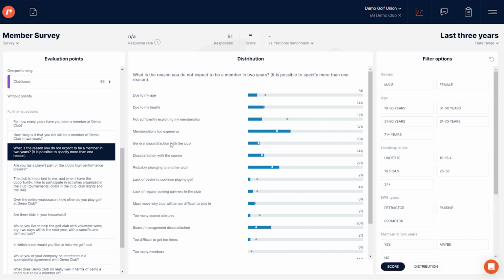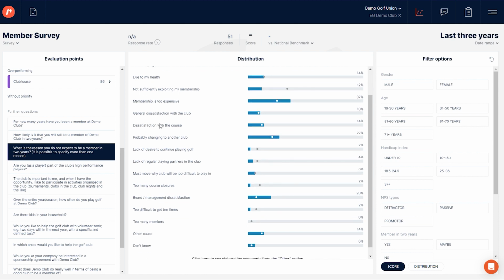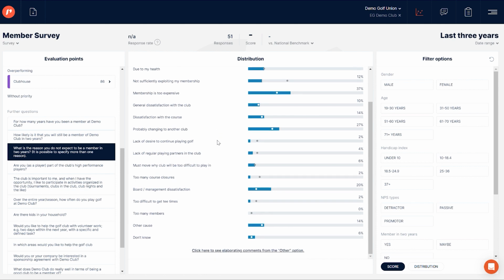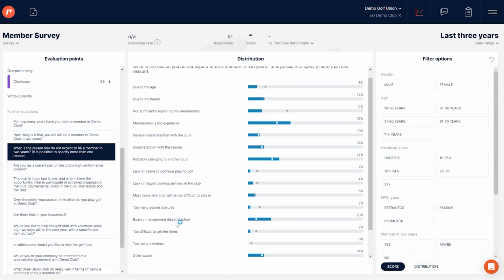There are, however, other things we can change, such as general dissatisfaction with the club, dissatisfaction with the course, too many course closures, but in our case that is such a small percentage, and we actually have quite a lot of board and management dissatisfaction. We'll also have a few other causes which can be seen by clicking on this link down below. But in general you can see that we actually have quite a lot of members that have reasons that we can positively affect and reduce churn by doing so.